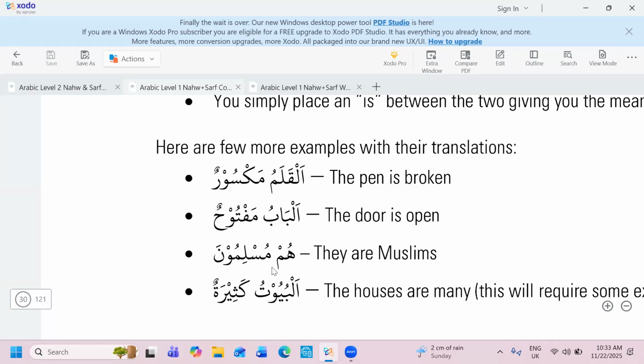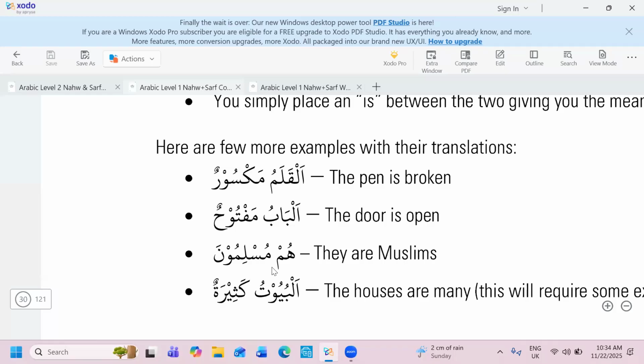How would you say they are Muslims, but feminine, plural? So again, use the right pronoun. Hunna. No, so plural. What's the plural of muslimuna? The feminine version. Muslimatun. So hunna muslimatun. So you're keeping it rafa.